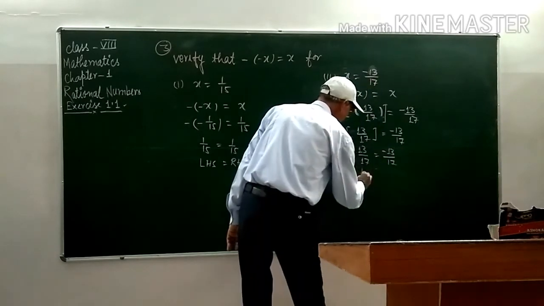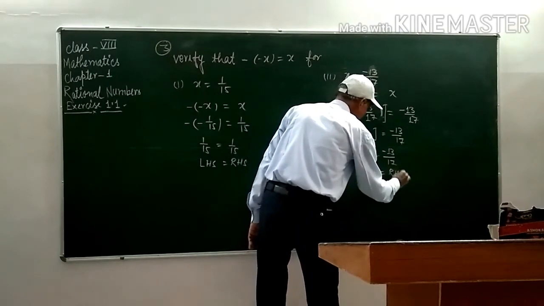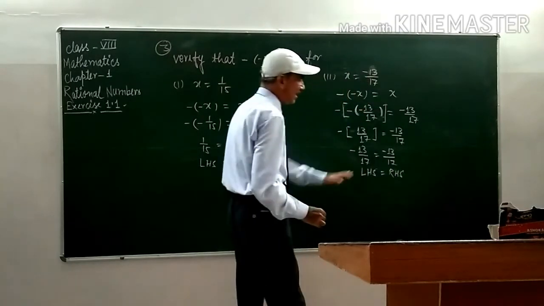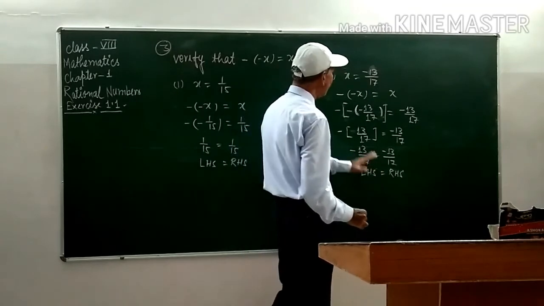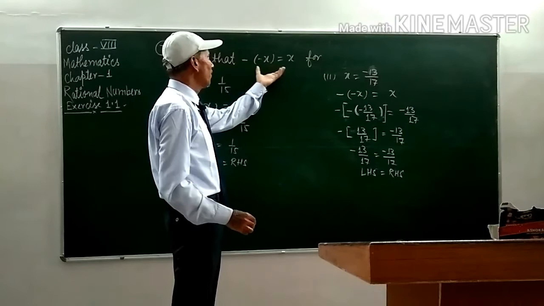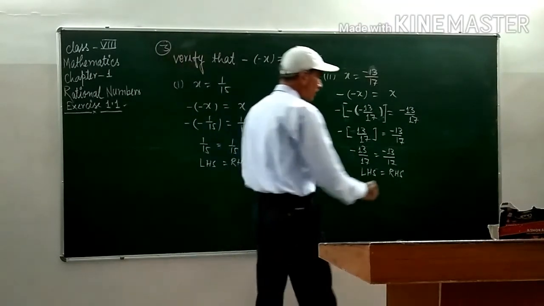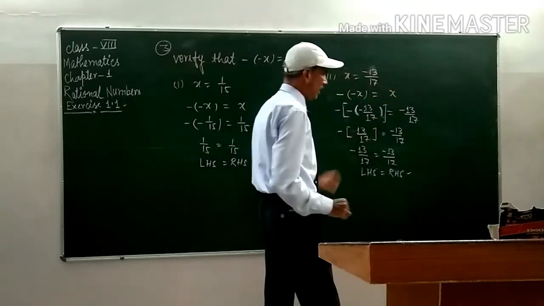Again, this one is the left hand side and this one is the right hand side, both are equal. Left hand side is equal to right hand side, therefore our verification is correct. So we have verified that minus into minus x is equal to plus x. Okay student, so this is verified here.